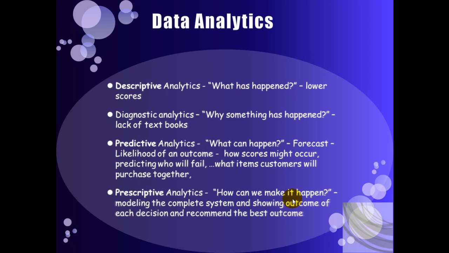Prescriptive analytics looks at the overall ecosystem. Now, we model the complete system, showing the outcome of each decision, and then recommend the best outcome. We look at the overall ecosystem of students getting scores. What are the factors?